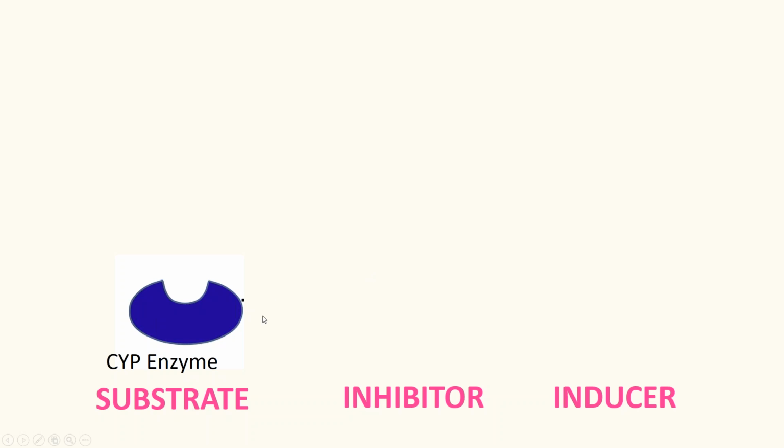Let me give you more details about those active sites. Take the example of CYP enzyme active sites. There are some sites in the enzymes that are responsible for drugs binding to them and producing metabolic reactions. Those sites are known as active sites.